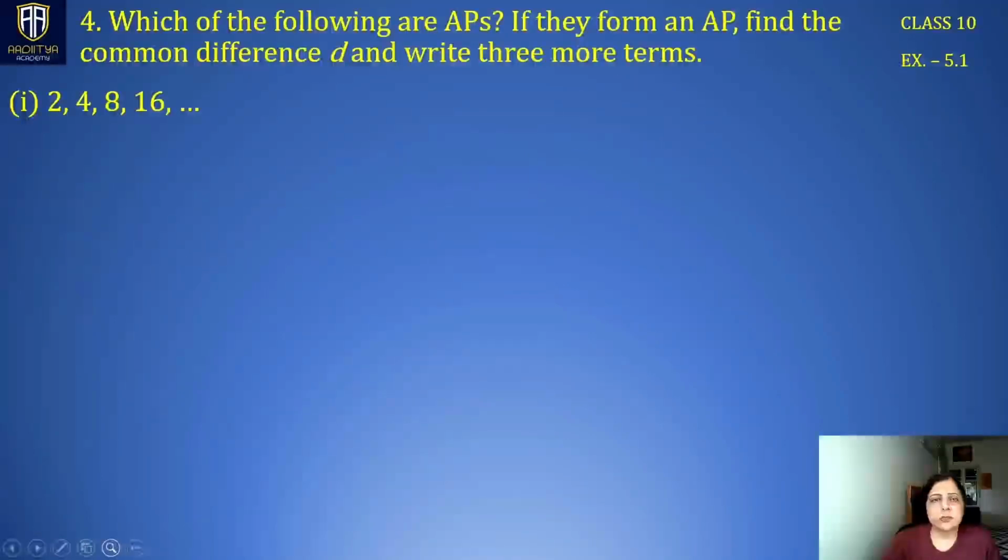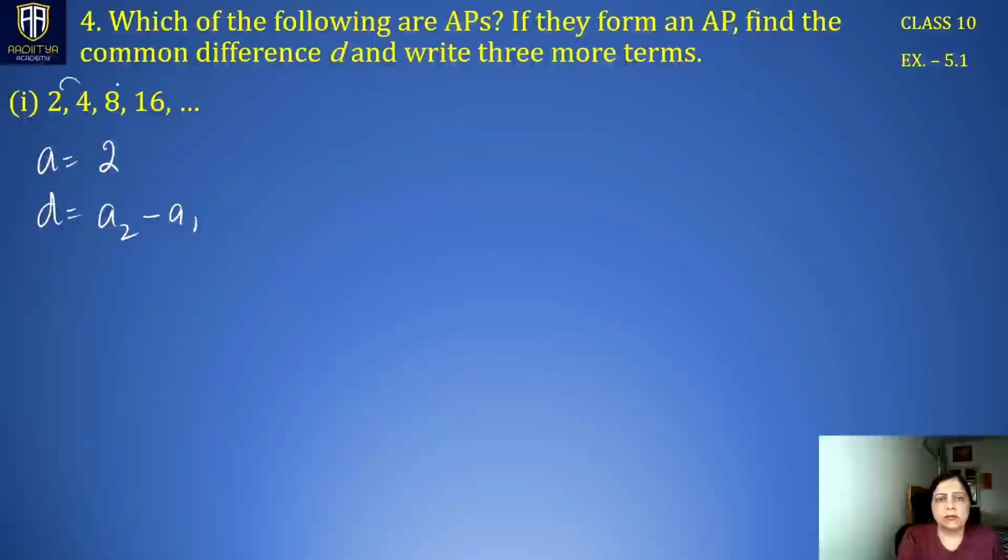Yes, the next question says, which of the following are APs? If they form an AP, find the common difference D and write 3 more terms. This is a very long question. It has many parts. Here the first term is 2. For common difference D, we find A2 minus A1. First of all, we have to check whether they are APs or not.